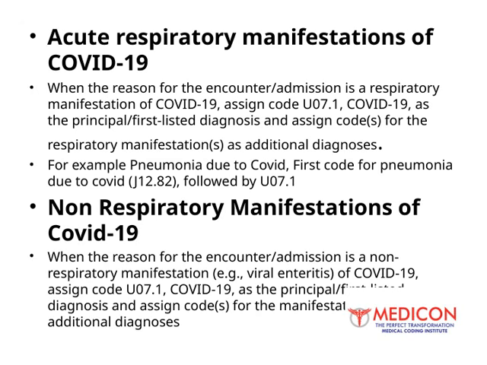Connecting this to our overall theme, understanding how to correctly code these different manifestations of COVID-19 helps ensure proper documentation, billing, and tracking of the disease's impact across various health conditions. It's essential to distinguish between respiratory and non-respiratory manifestations to reflect the true clinical picture.